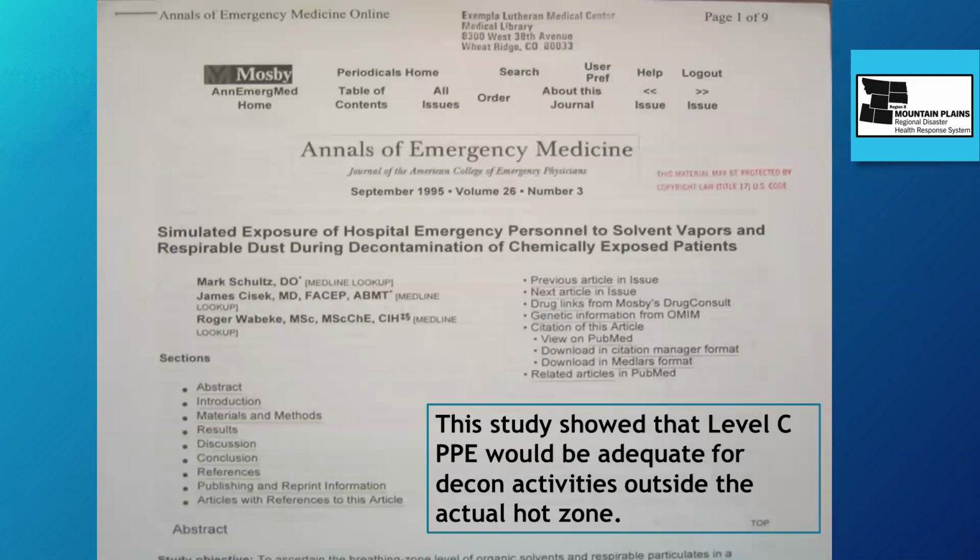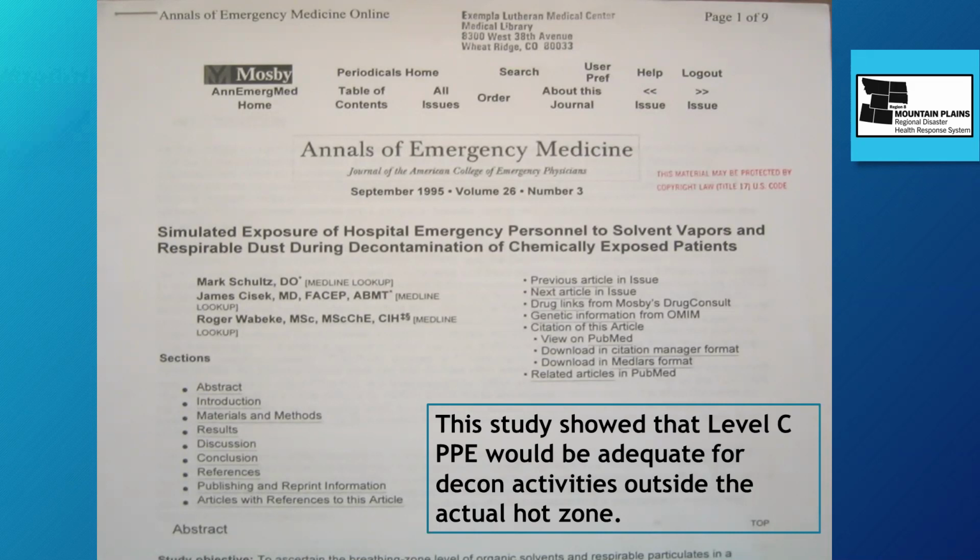Now, how about hospital personnel who might be exposed to patients who come to the hospital, have not been seen by EMS, they self-transported, and they may have been exposed to some sort of agent.